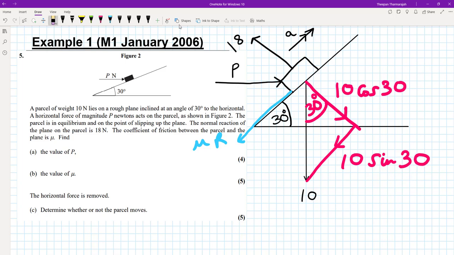So now what we're going to do is say, right, well, I can see two parallel lines. So I've got a parallel line here, so it forms a nice alternate angle.